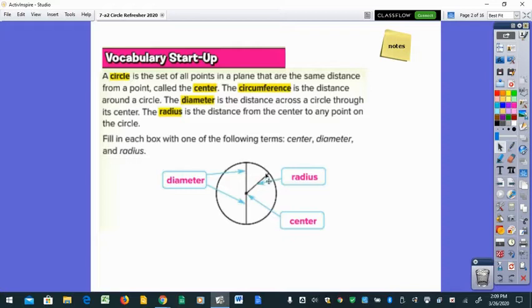It only goes from a point on the circle to the center and stops. So if you look in this diagram, you can see where the center is, you can see where a radius is, and you can see where a diameter is. And I shouldn't say the radius, because there are actually an infinite number of radii, that's the plural of radius, in here, because right here I could trace another radius over here and one down here.